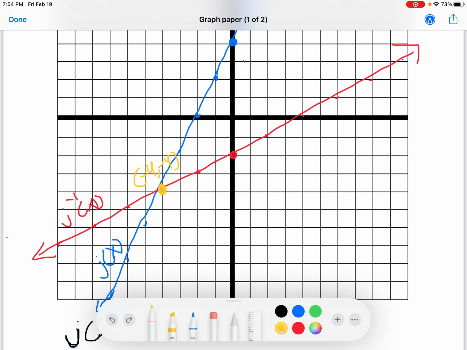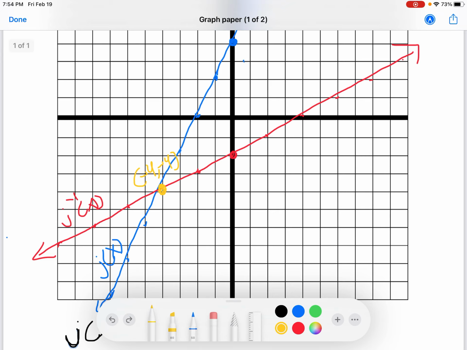For example, we have -2, 0. That means 0, -2. They're inverses. But if you have -4, -4, you can't flip that around. So that's why it's the same thing for both of them.